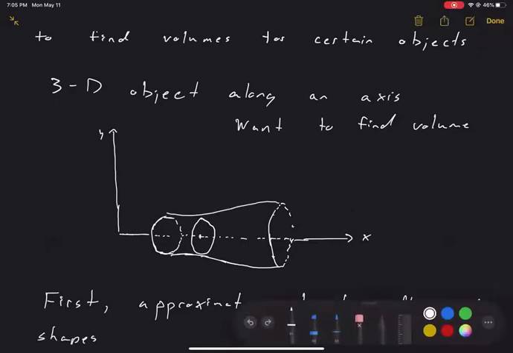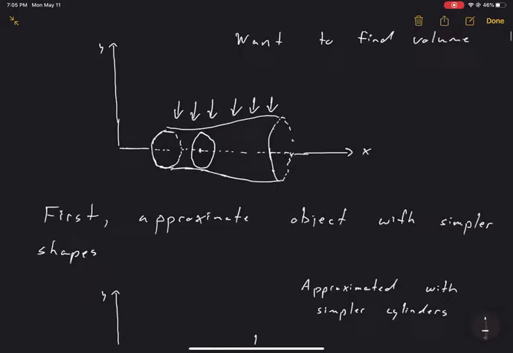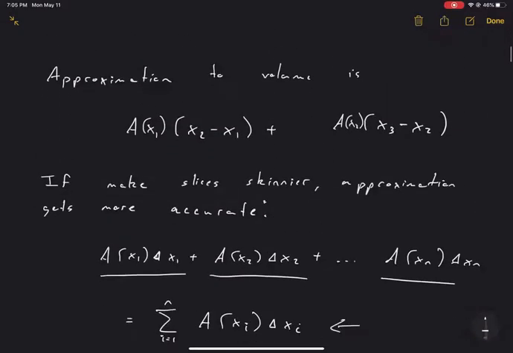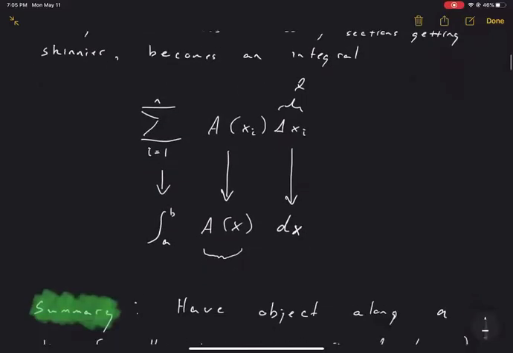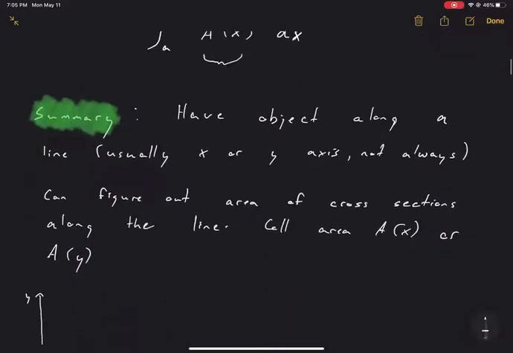I'm taking my cross sections down my object, and if I integrate those cross sections, the areas of those cross sections, it's like I'm adding up all the areas of the cross sections, and that should give me my volume. So that's the general idea of what's going on. Let's go ahead and summarize it.